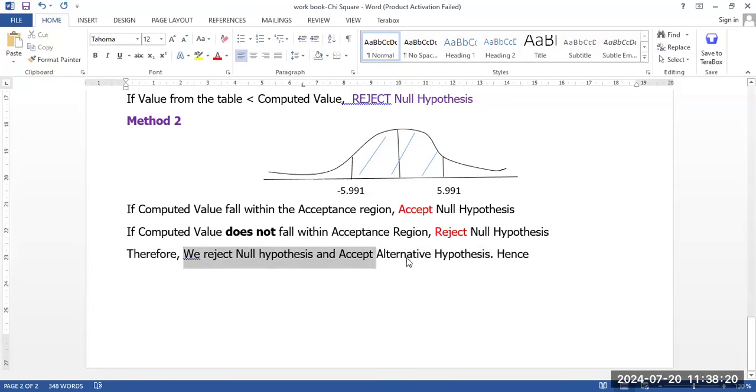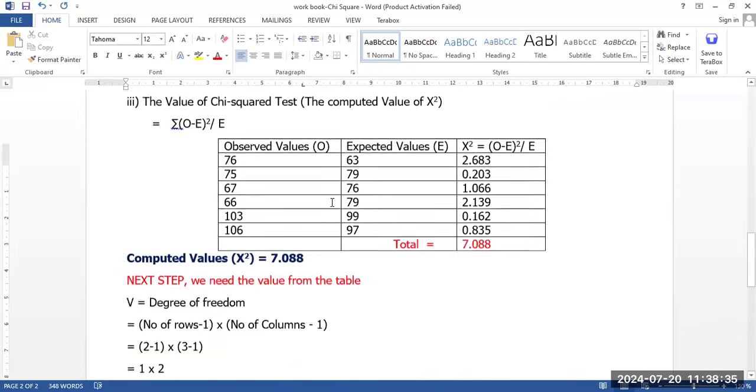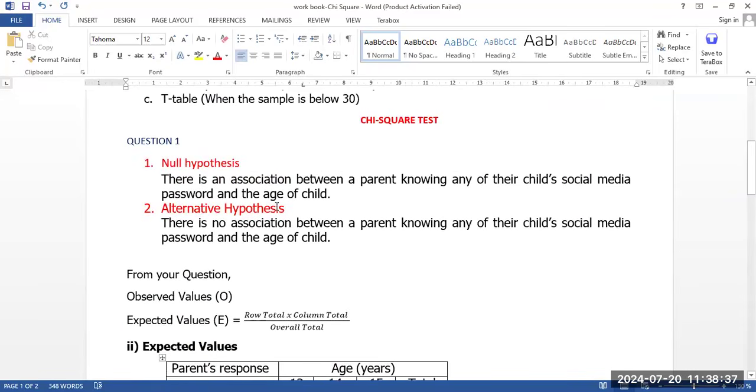Once you state this ground, we are rejecting the null hypothesis and accepting the alternative hypothesis. So in the conclusion, we say what the alternative hypothesis was.